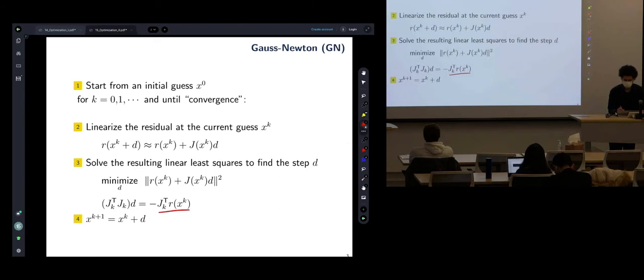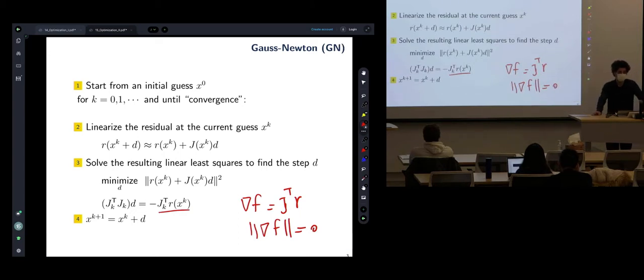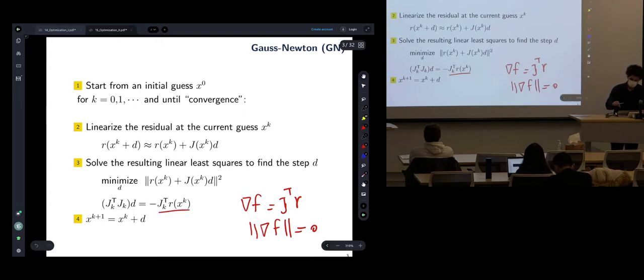Because the gradient of the objective function is Jacobian transpose R. So if the norm of the gradient is 0, we have satisfied the necessary condition. We can stop. We are at the optimal point. So this was the Gauss-Newton algorithm.